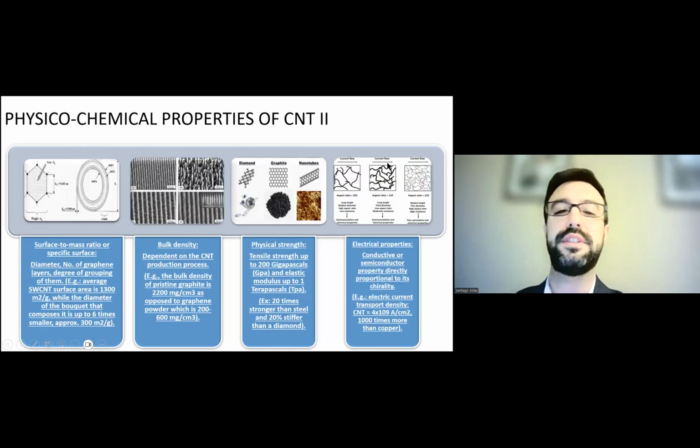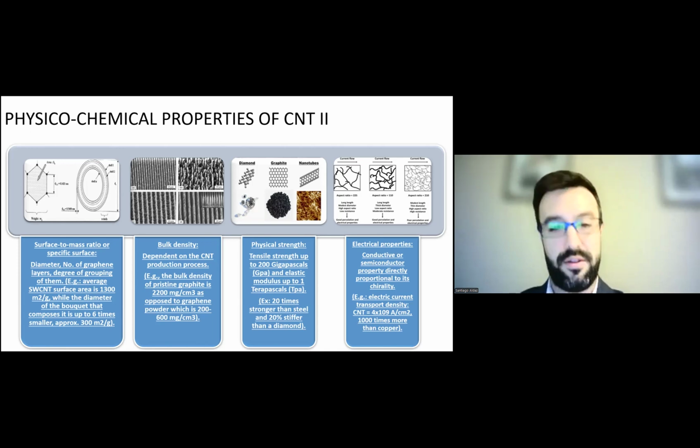Then we have the surface to mass ratio, or specific surface, which is given by the diameter, number of graphene layers, and degree of grouping of them. For instance, the average surface area of a single-wall carbon nanotube is 1,300 square meters per gram, while a bundle that composes it is up to 6 times smaller, approximately 300 square meters per gram.